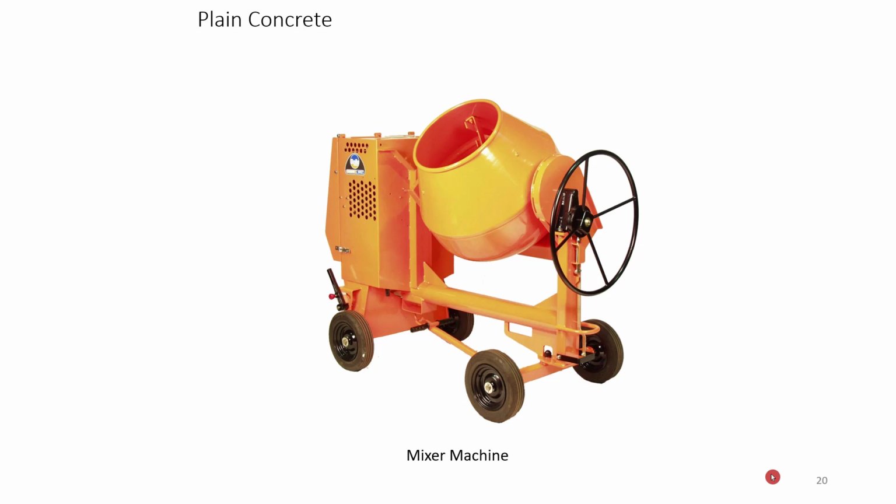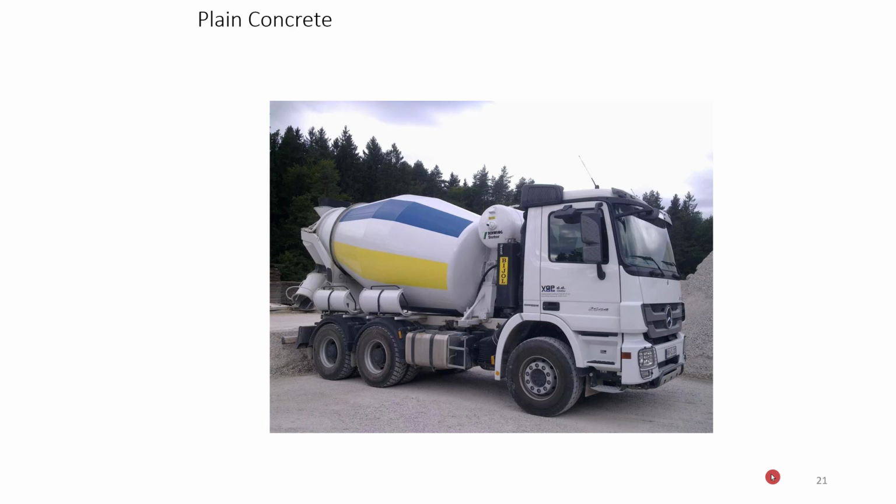If we are unable to go for hand mixing or for mass concreting, we can go for the mixer machine. And now the technology has advanced towards ready mix concrete. That means this concrete is like a moving van. For remote areas and small works, we can mix the concrete in this vehicle itself and transport it to the required places.